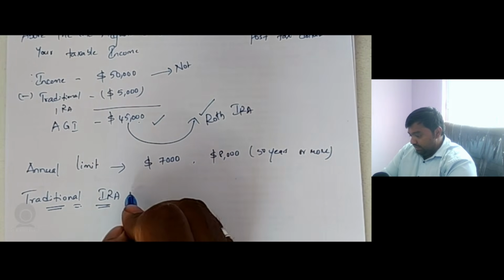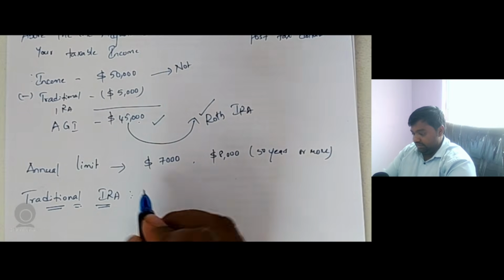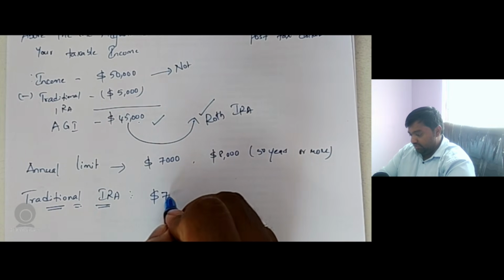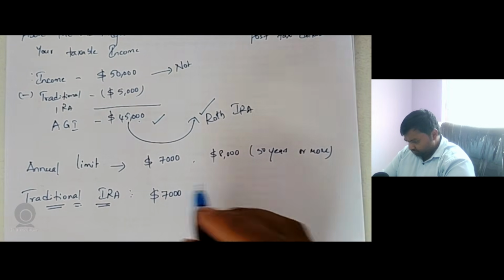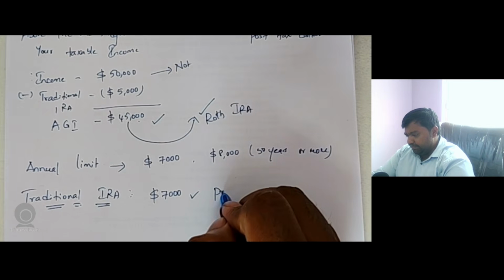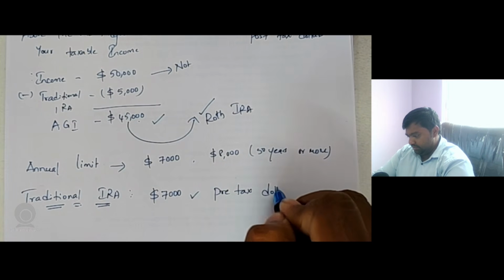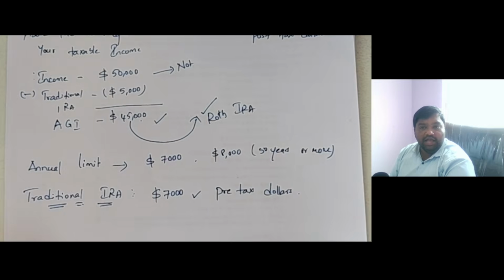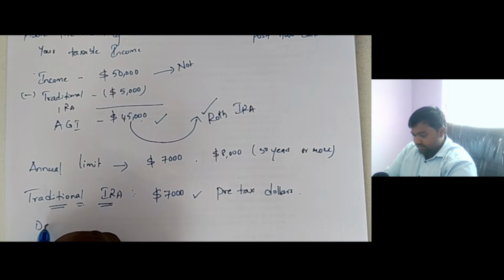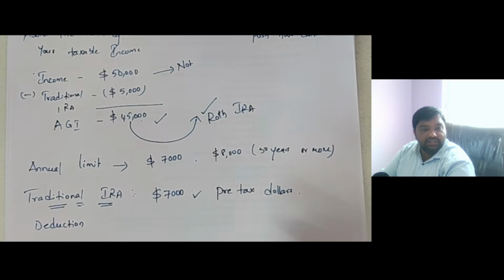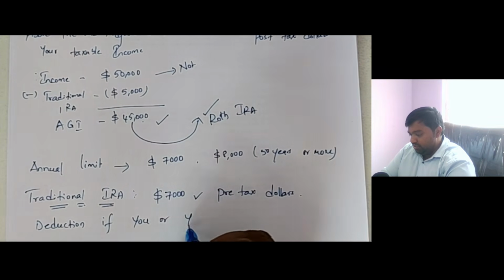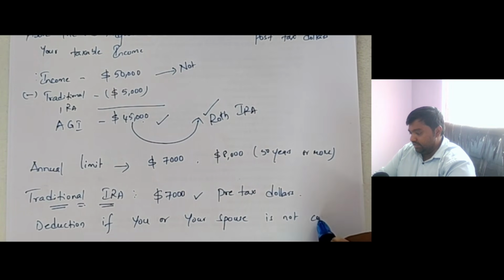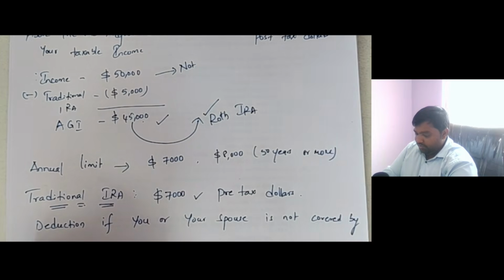In a traditional IRA you can contribute up to $7,000. This is the yearly limit. This is made with pre-tax dollars, and you can get a deduction up to this limit if you or your spouse is not covered by an employer-sponsored program.